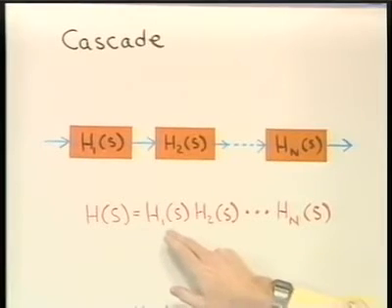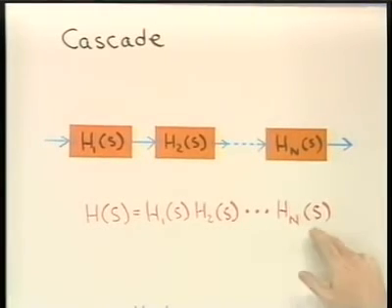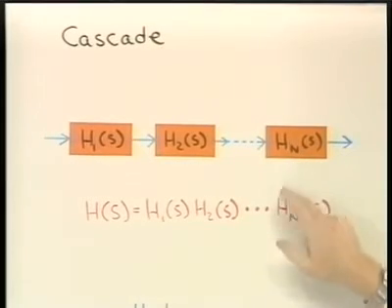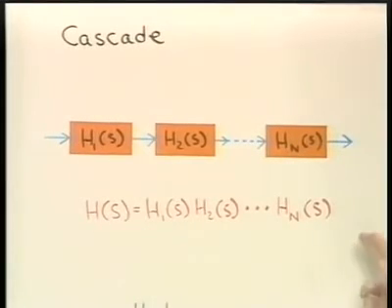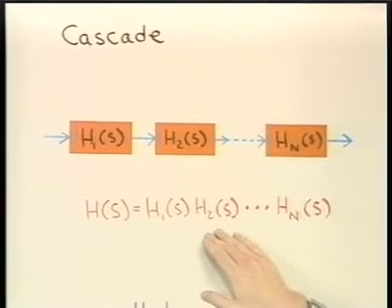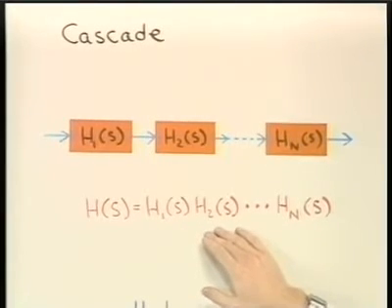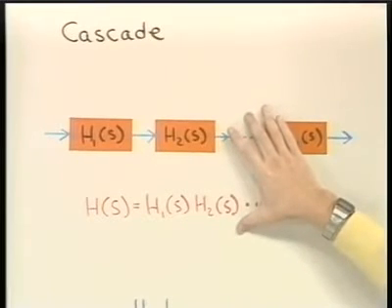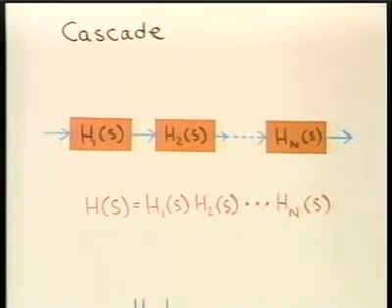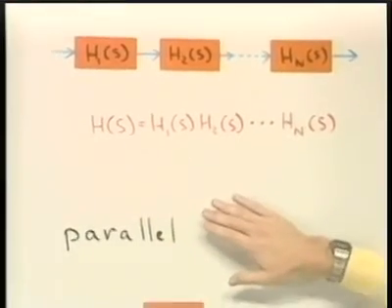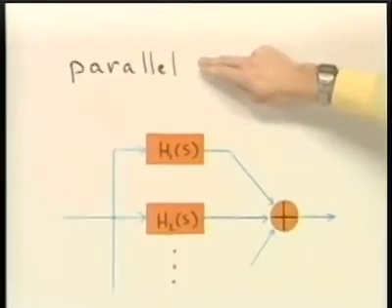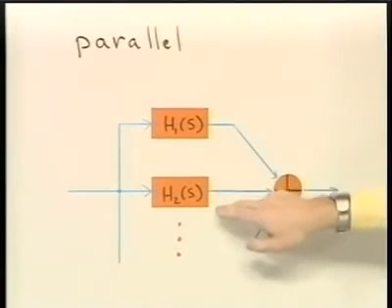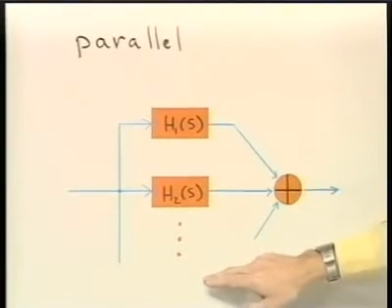So, for example, if these were all second-order systems, and I combined n of them together in cascade, the overall system would have 2n poles. In other words, it would be a 2nth order system. That's one very common kind of connection. Another very common kind of connection for first and second order systems is a parallel connection, where we connect the systems together as I indicate here.